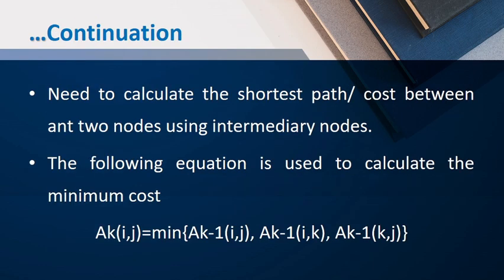Then the next step is to calculate the shortest path or the cost between any two nodes using an intermediary node. For that, in order to calculate the shortest path, the following equation is used to calculate the minimum cost. So this is the equation.